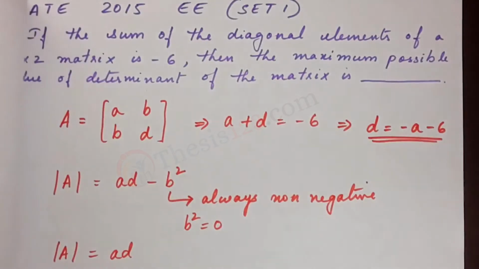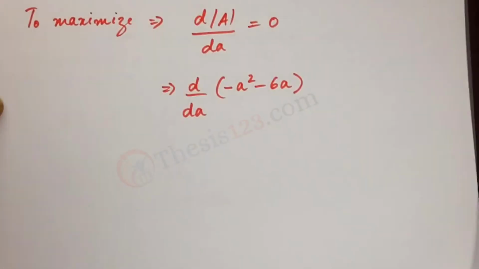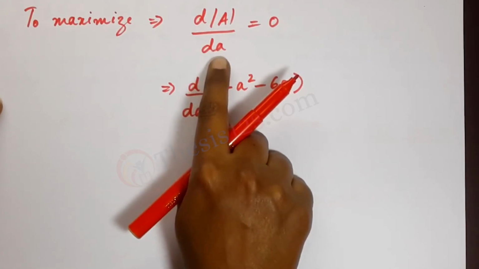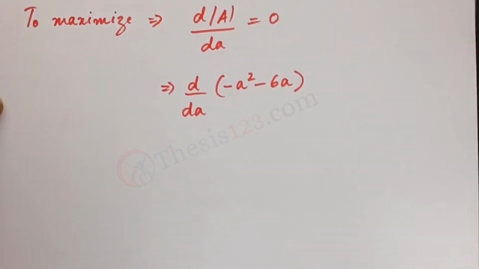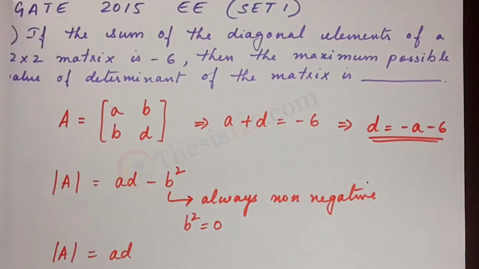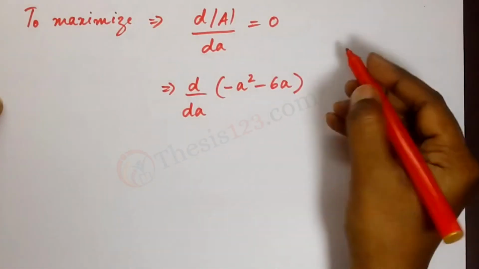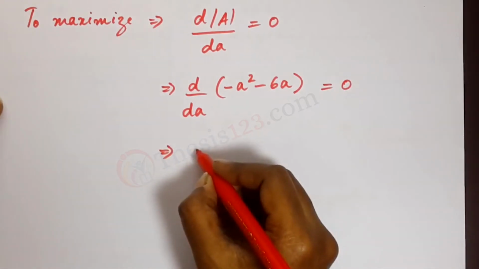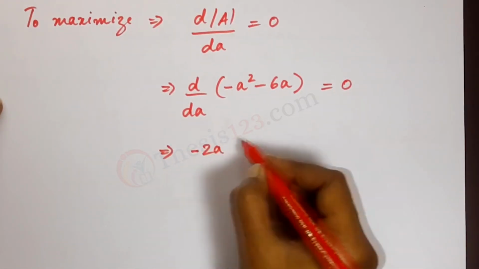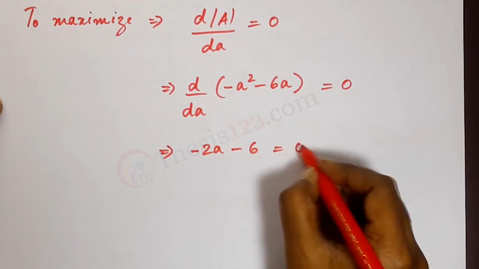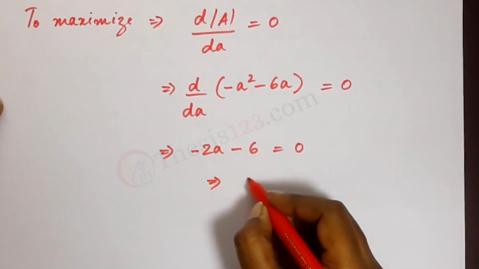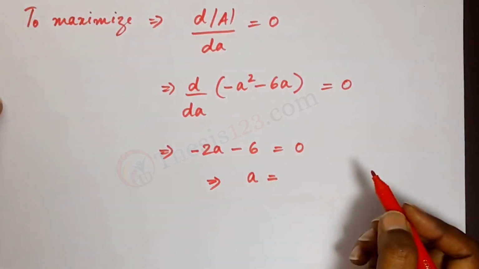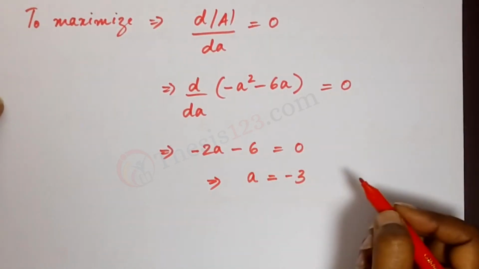So you see the element there, that's A. That's why we have it in terms of A, differentiation in terms of A. So we substitute that here and we equate it to 0, which would be minus 2A minus 6 equals 0. And that gives us a value of A of minus 3.